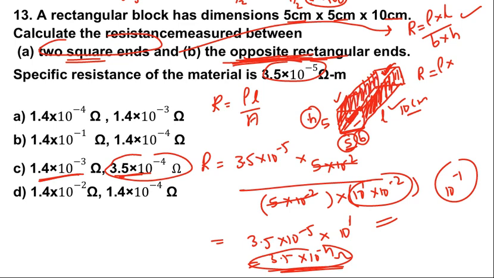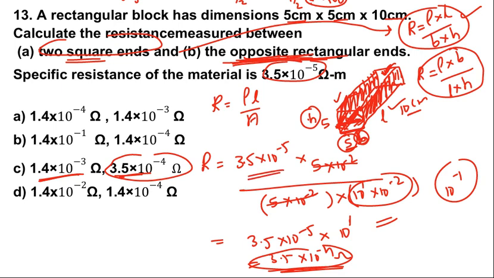What is the length between these two? That is breadth. So the distance between these opposite ends is B, that is breadth. So rho into B by the area of this rectangle, which is length into height, so L into H. You can use these formulas for solving this question, or you can solve it directly by substituting the values, based on the concept.